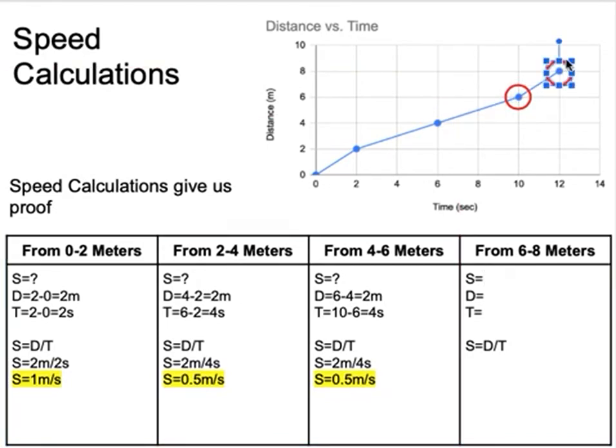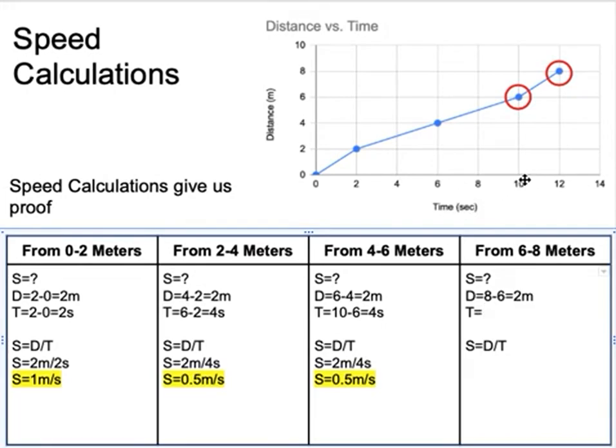So from this dot to that dot right there. I'm going to put a question mark, because we're always calculating speed. So let's look at distance. It's going from 6, so if I look all the way across here, 6 to 8 meters. So I'm going to go 8 minus 6 because that's how many meters it traveled. The difference is 2 meters. And then I'm going to look at it and go, okay, from 10 to 12 seconds.